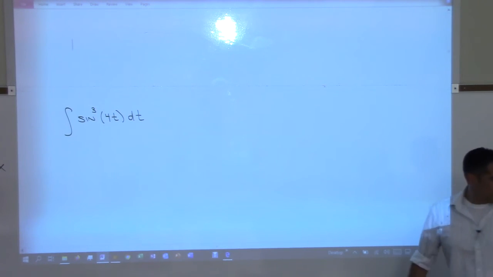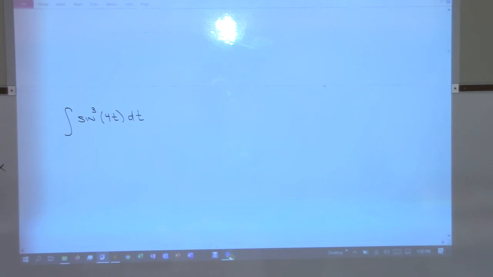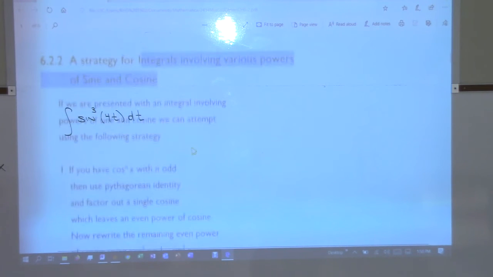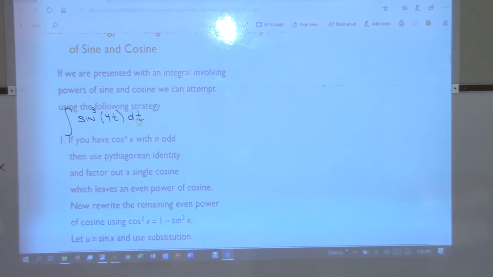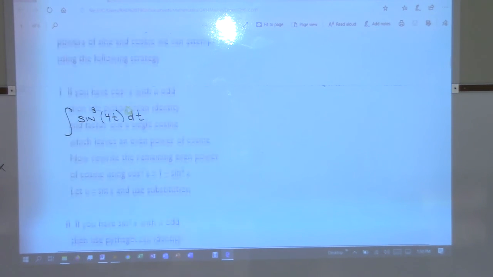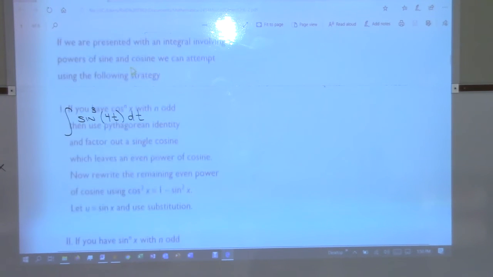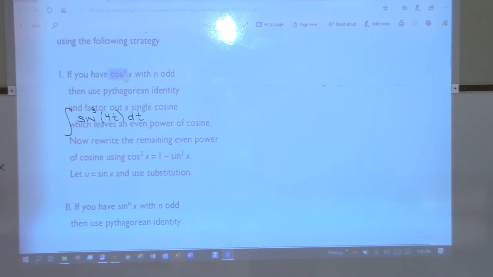So what we do first, I will bring up that formula sheet. There we go. Let's look at this. It says if you've got sines and cosines, if you have cosine raised to an odd power, do we have that?